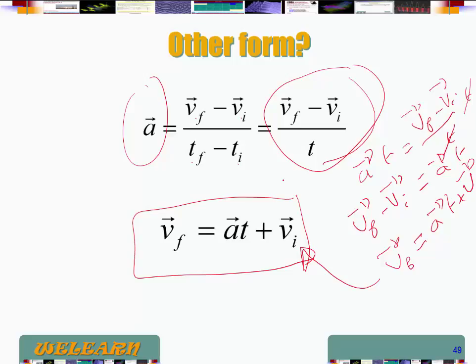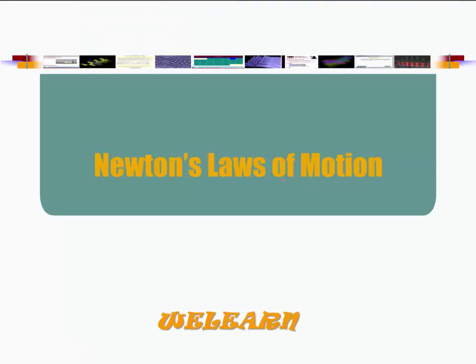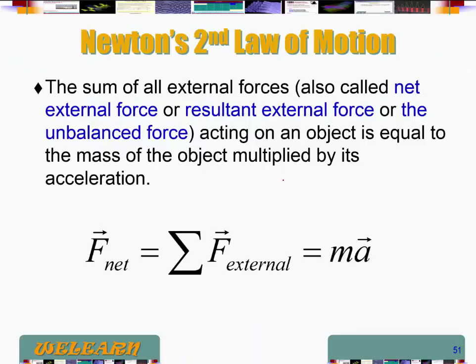Now, one more thing to pay attention to when we talk of acceleration is to think of Newton's laws of motion. One of them, in particular, what we call Newton's second law. Look what it says. We'll go back to Newton's laws of motion later on.